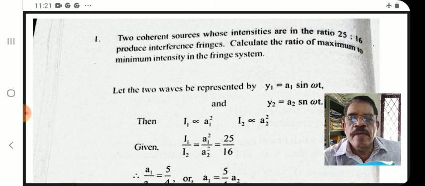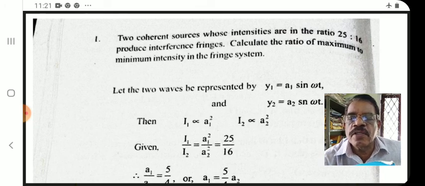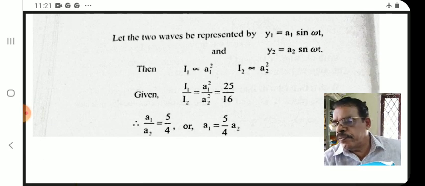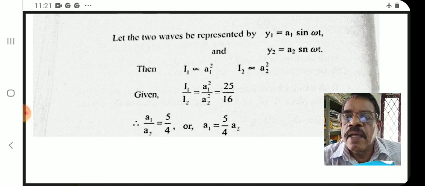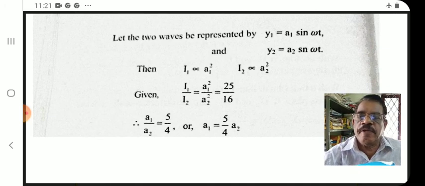Therefore I1 by I2 equals a1 square by a2 square equals 25/16. And from this we find a1 by a2. Take the root, that is a1 by a2 is 5/4. That is a1 is equal to 5/4 a2 on cross multiplication.